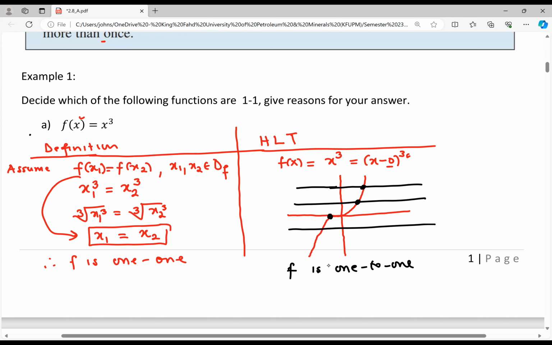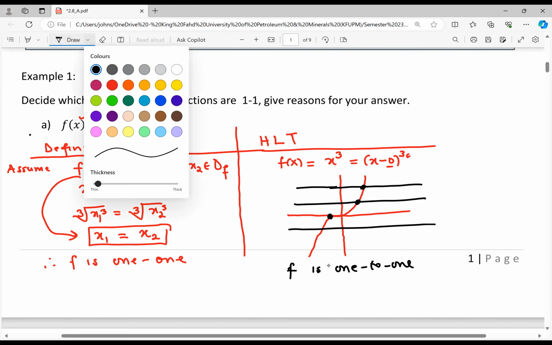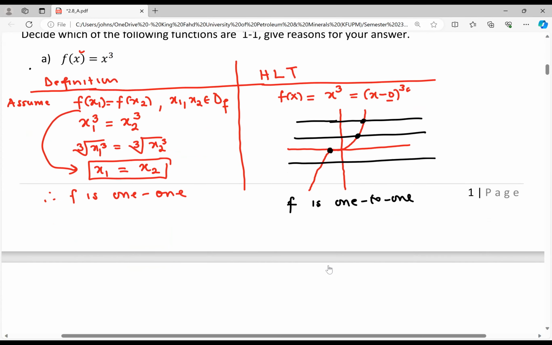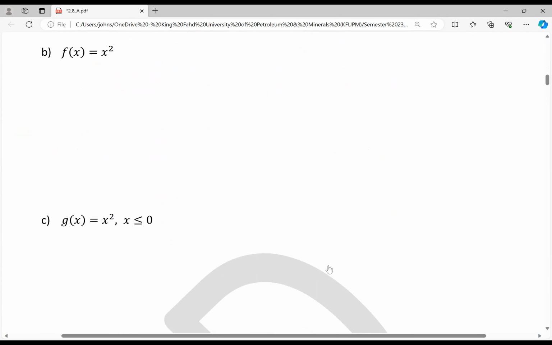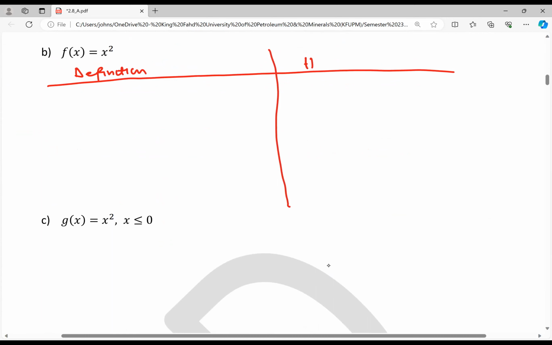So let's move to another example. Now, for example 2, we have f of x is equal to x squared. Same thing. Here, what do we do? We will have the definition, and we have the HLT, which is the horizontal line test.